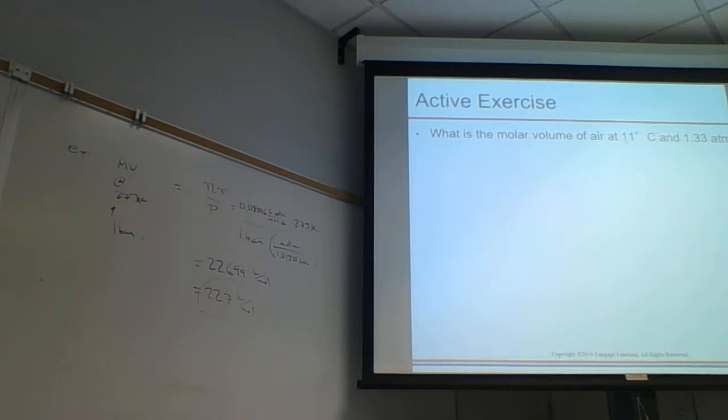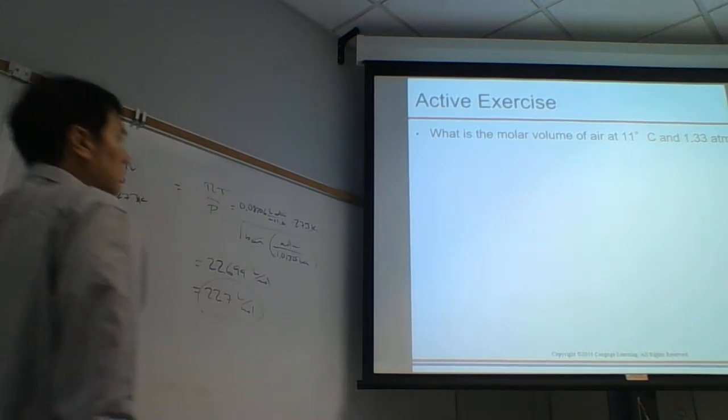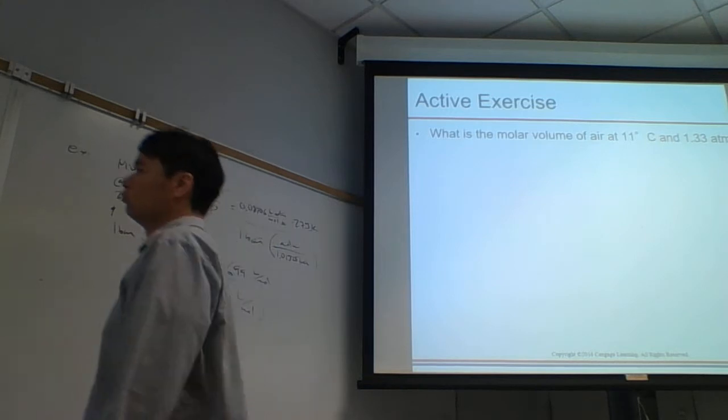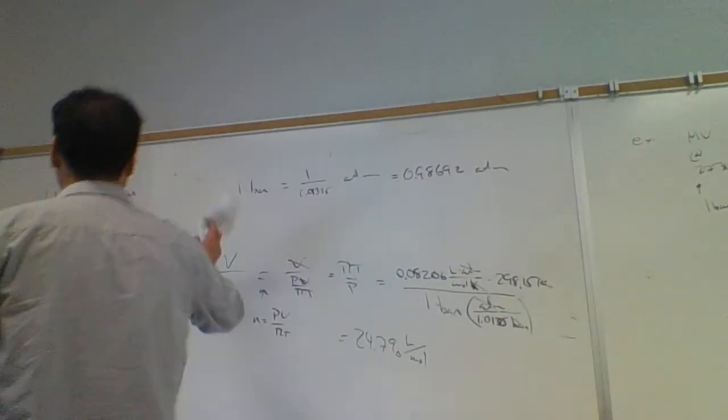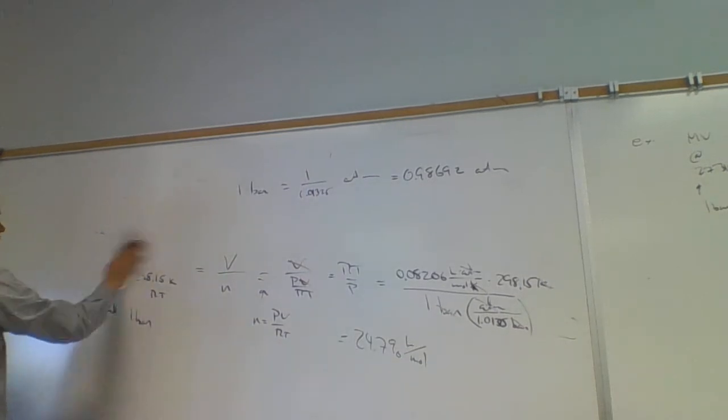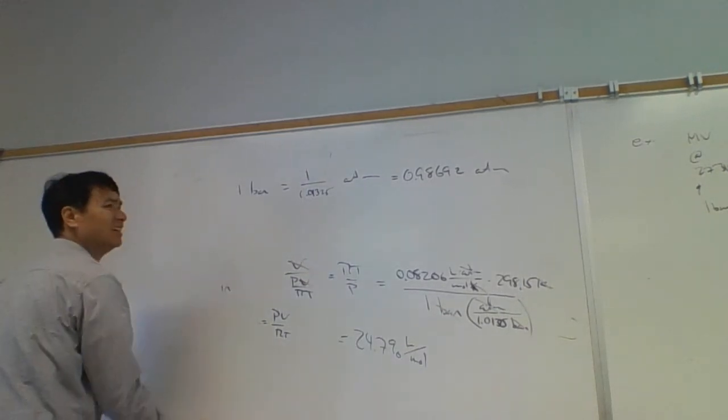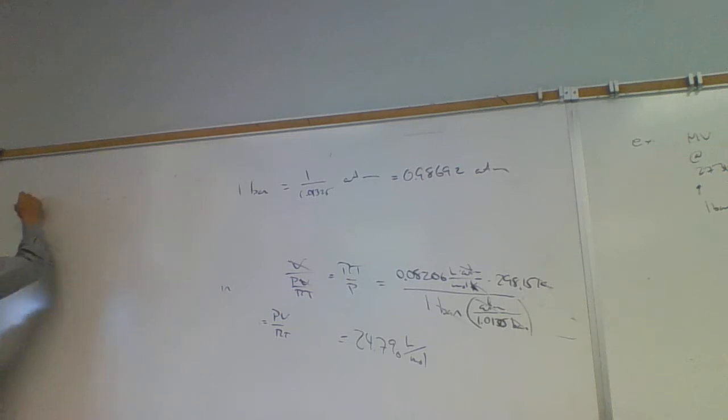What is the molar volume of air at 11 degrees C and 1.33 atmosphere? How many liters per mole would I have? Okay, molar volume of air at 11 degrees C and 1.33 atmosphere.